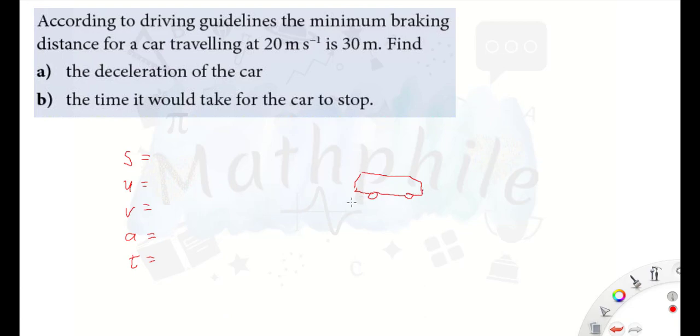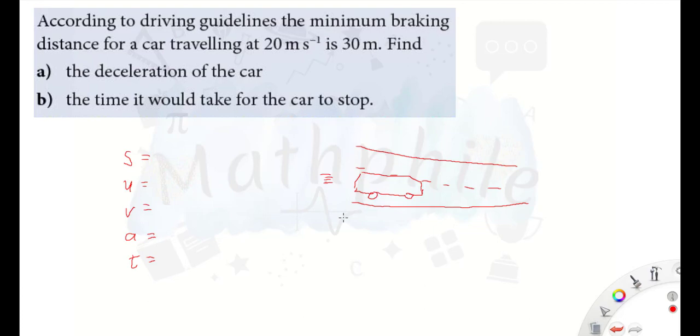Why are you saying that? Because they said braking distance for a car traveling at 20, so that is like the last velocity you reach before the brakes start kicking in. Okay, the explanation is very good.